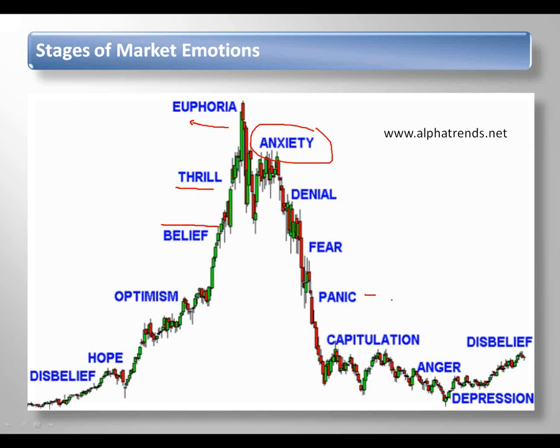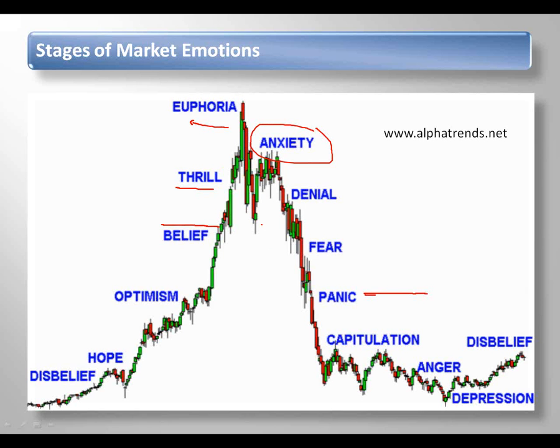So, here's a good example of showing you the public's churning, the human churning of emotion, going from hope, optimism, belief, thrill, euphoria, anxiety, denial, fear, and panic, back to capitulation. The retail investor starts to exit in these stages after entering.